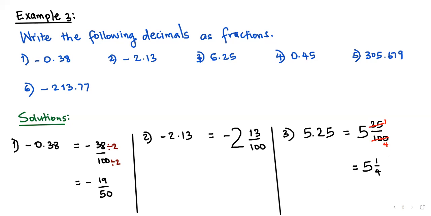Okay, so we will look at part 4. In part 4, we have 0.45. And this one, let me ask Kanokpon.